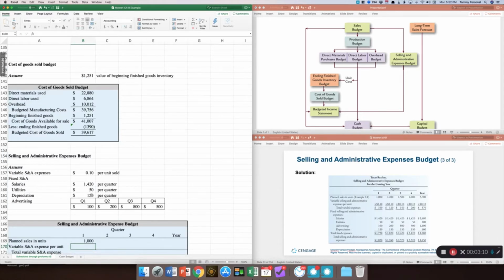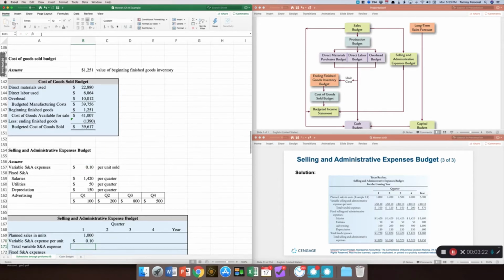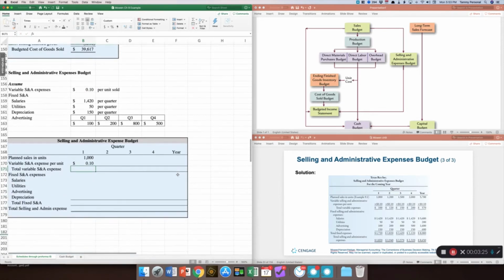And our variable selling and administrative expenses are this 10 cents per unit sold. We are going to make that an absolute cell reference. So our variable selling and administrative expenses, therefore, are that 1,000 units times 10 cents a unit.